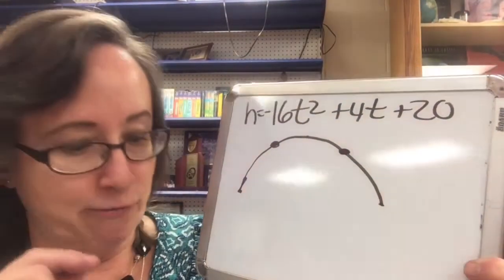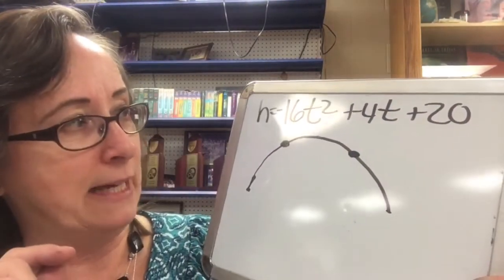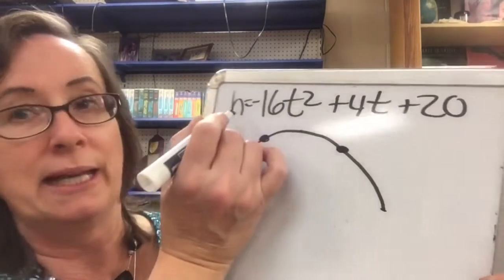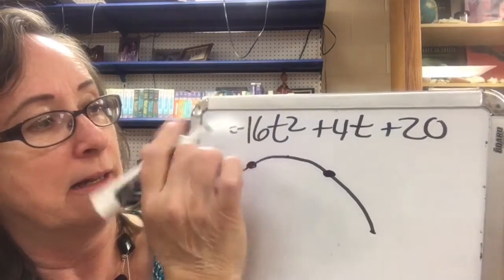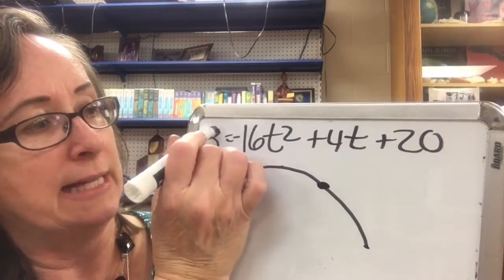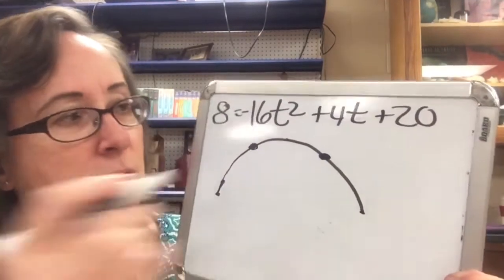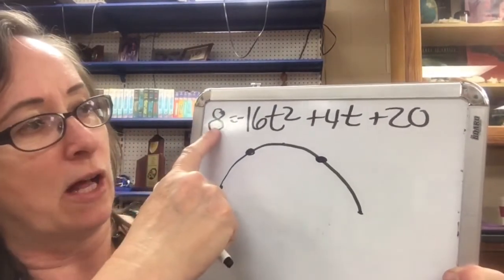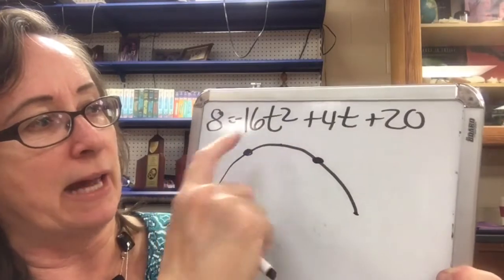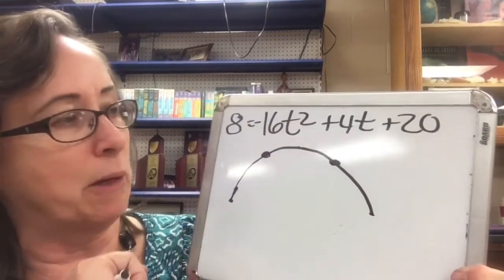So I'm looking for a height of 8 feet. So I'm going to put h is 8. H is 8, and I'm going to solve this parabola. First of all, since it's quadratic, I need everything on one side with a 0 on the other.